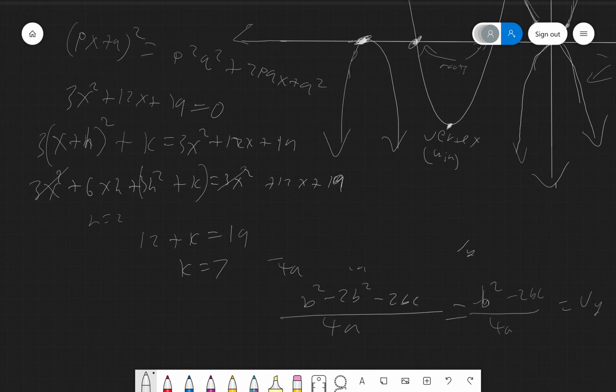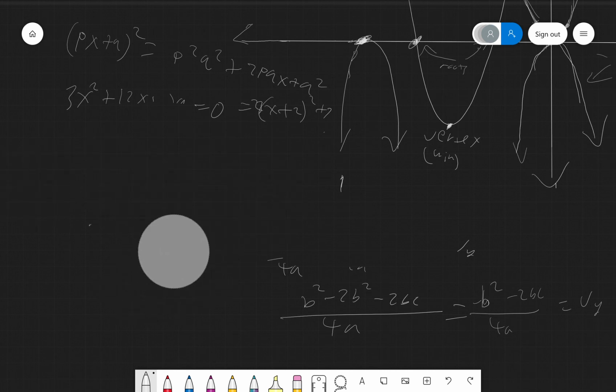So h is 2 and k is 7. Done. Now we want to complete the square. I'm just going to write this is equal to 3 times x plus 2 squared plus 7.